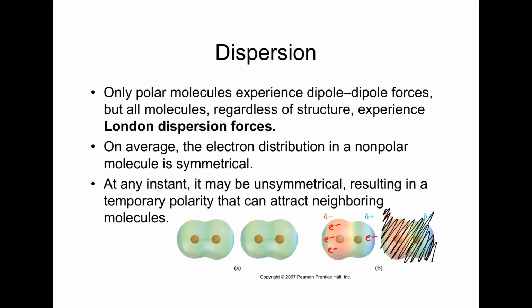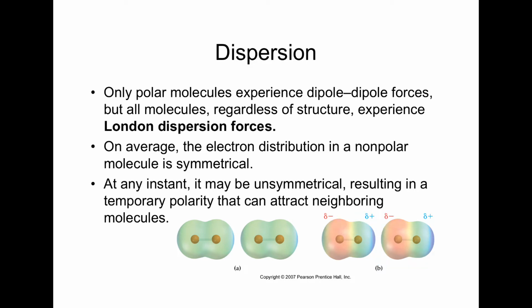And when that happens, we get a partial negative charge on one side and a partial positive charge on the other side. Now if we look at how that influences other molecules around it, anything with a partial positive charge is going to pull electrons towards itself. So if there's another molecule like this somewhere near our molecule, its electrons are going to get pulled towards the partial positive on our first molecule.